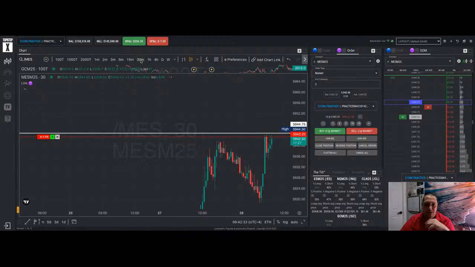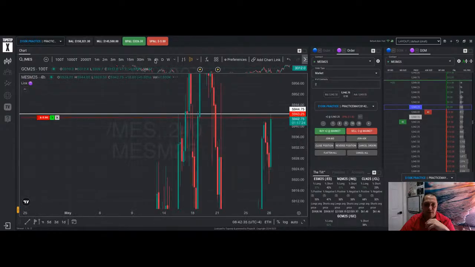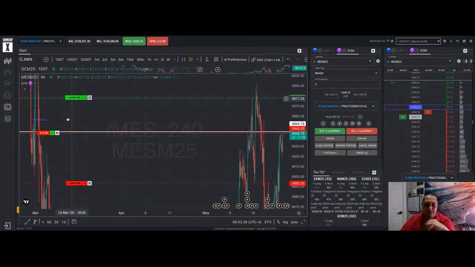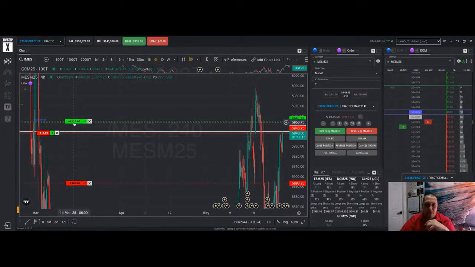If you go to 4-hour, my take profit is set up all the way up here at 350. I'm going to bring that down much closer to where I think it may hit, and then I'll bring it back to 100 tick.